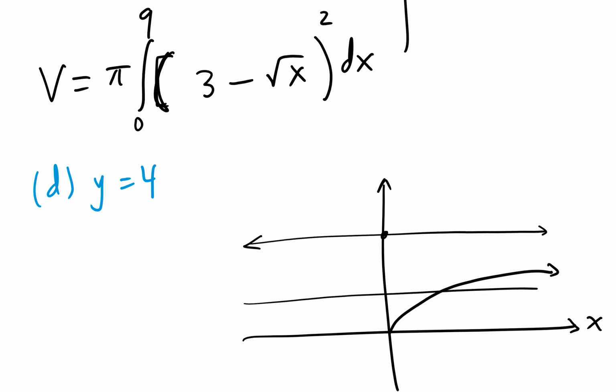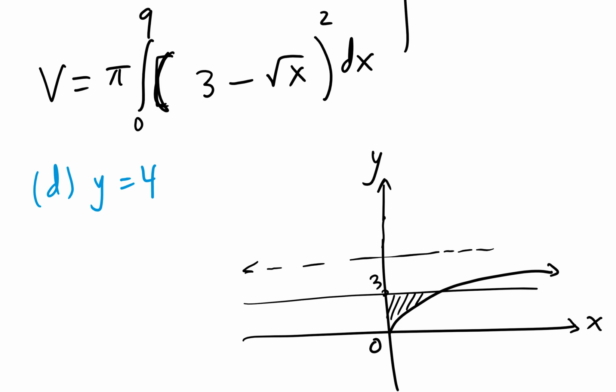Say this is y equals 4. So I'm rotating around this, let's say. Or we could bring it down if you want, a little bit. This is y equals 4.